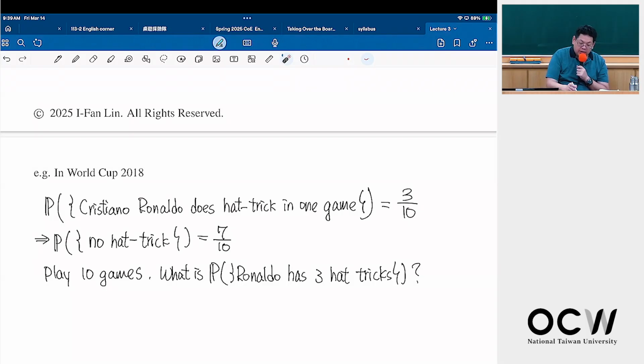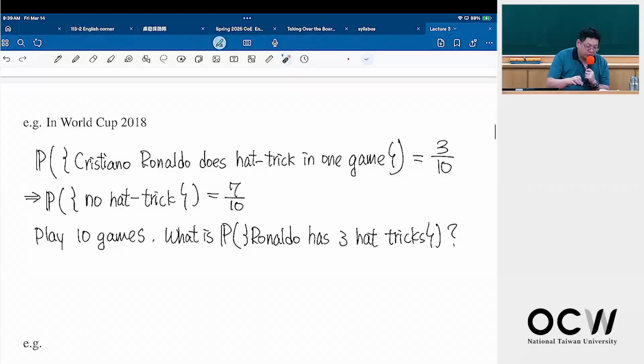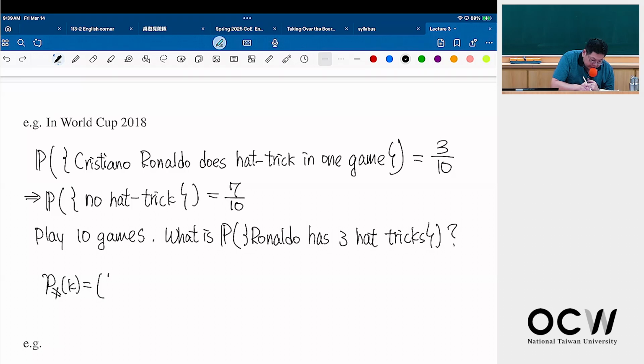But this one is not just talking about, oh, I always fail until I get success. So this becomes binomial. So here we can have the binomial PMF: n choose k, p to the k, 1 minus p to the n minus k.